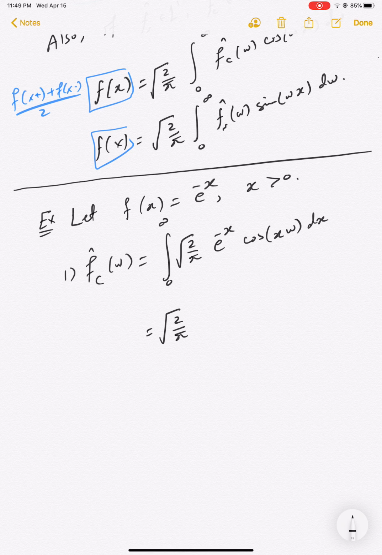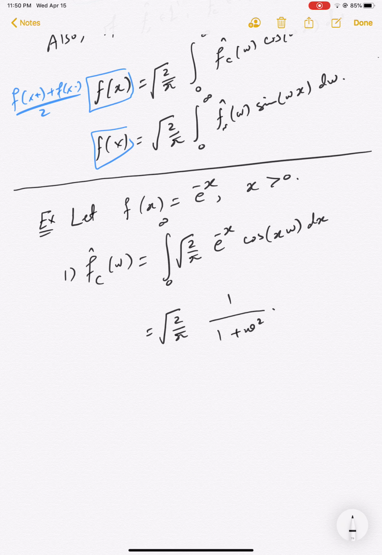And this will be 1 over 1 plus omega squared. If you do this integral, unfortunately you need to do integration by parts, and then you will reach this formula. However, we will see later how to obtain this formula without doing the integral.